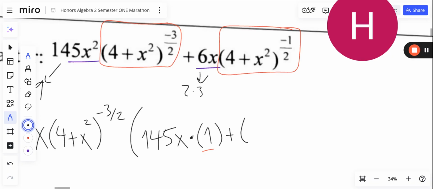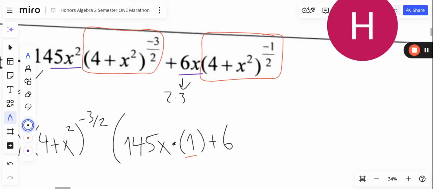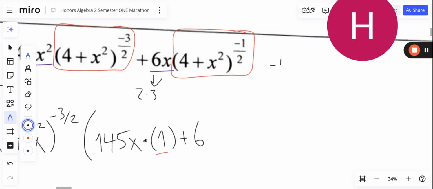Plus 6 times, what's going to happen here now? If we're subtracting negative 3/2 from the exponent, this is now going to be an exponent of negative 1/2 minus negative 3/2, which is just negative 1/2 plus 3/2, which is just 2 over 2 or 1.